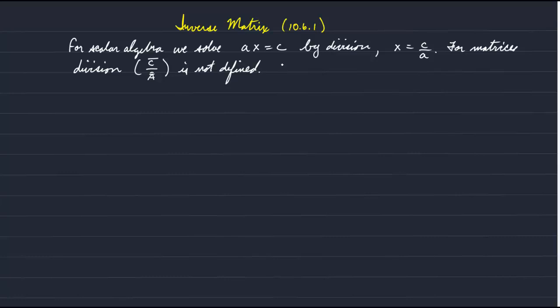But we can solve the system, and again AX equals C is our system, by multiplying with the inverse matrix.